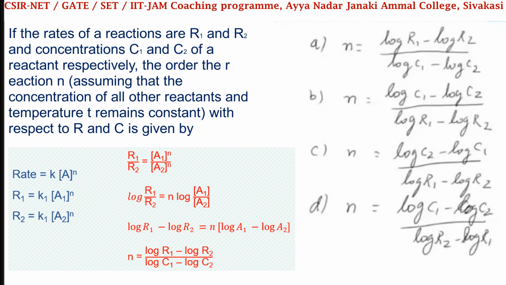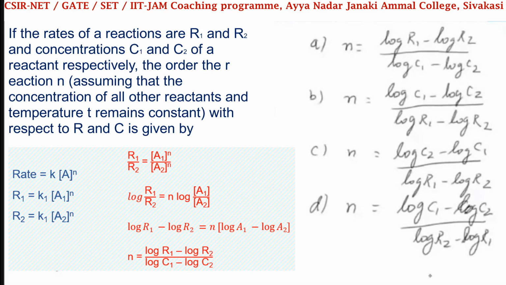Here it is given in terms of log. Therefore, take log on both sides. You will get log of R1 by R2 equal to log of A1 by A2 power n, or simplify this: log of R1 minus log of R2 is equal to n into log of A1 minus log of A2.